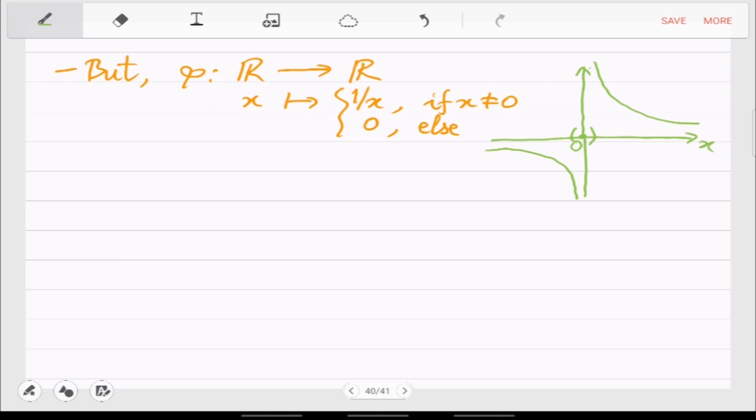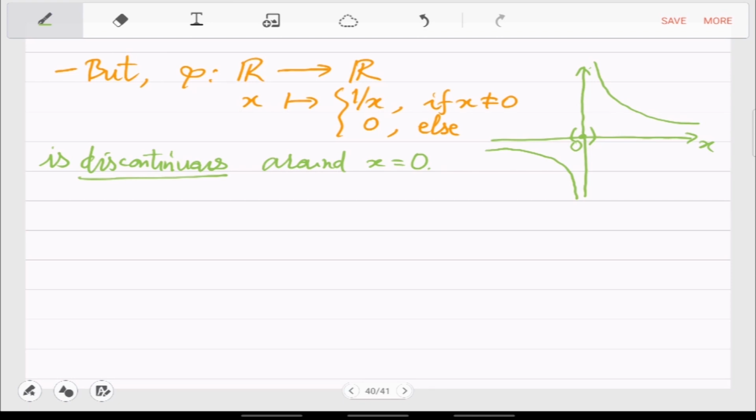it. 0 comma 0 is there in the diagram, and you can see that what is the place where you have discontinuity in this map? At 0. So this is discontinuous around 0, right?